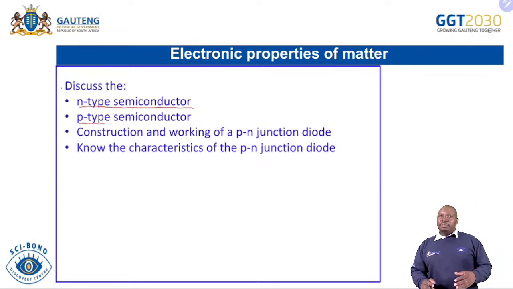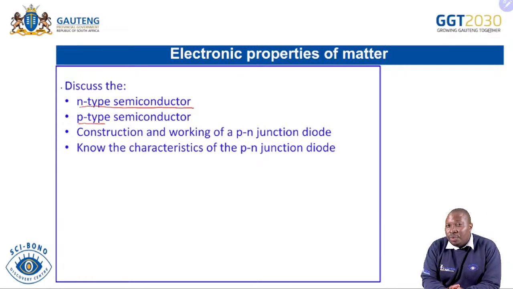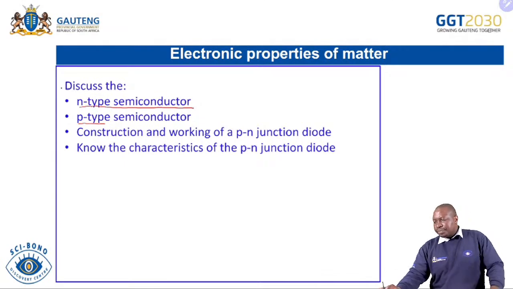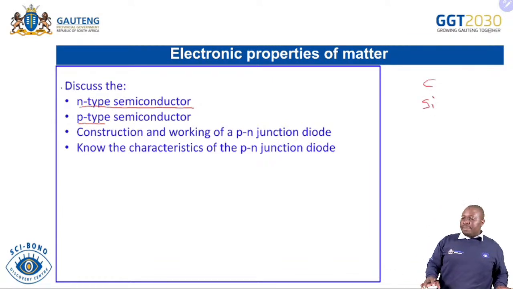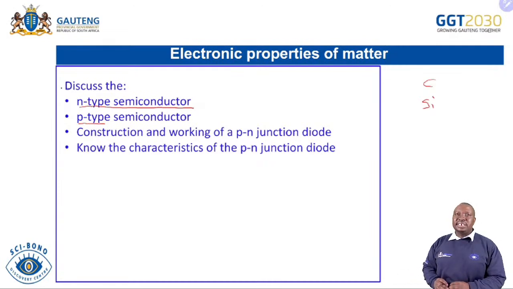If I am to bring you to where we are right now, when we started, we talked about intrinsic semiconductors, which I said are pure semiconductors. I don't want to lose you. I want us to move together. We said we have our carbon, we have our silicon, all these we refer to as pure, as being intrinsic.